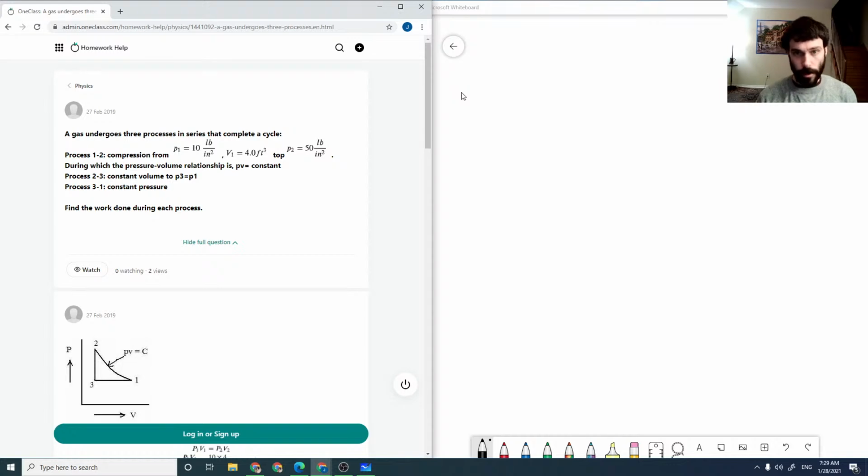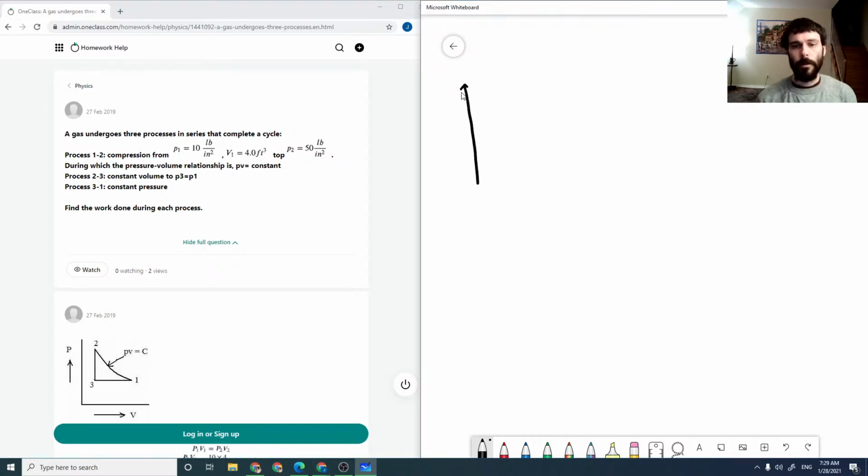If we draw this on a pressure-volume plot, we start off at, and PV is constant. First of all, I'm just going to convert these units.